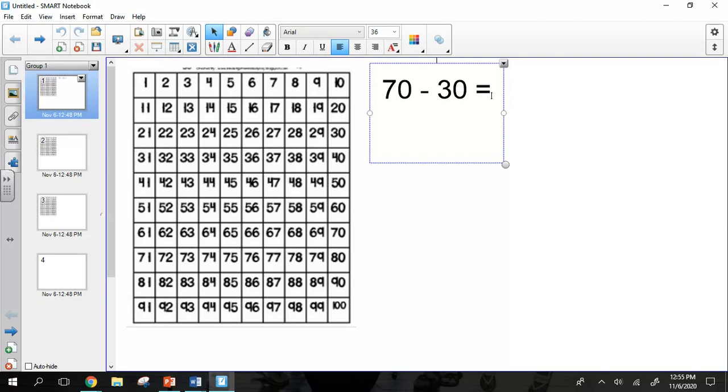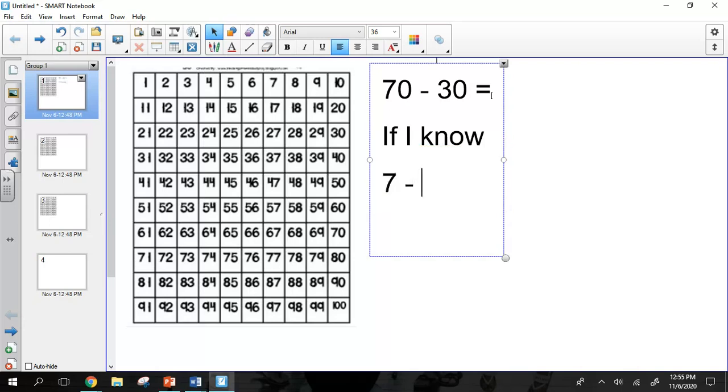So you should know a lot of our basic math facts by now. So I can say, if I know 7 minus 3, what is 7 minus 3? Well, I know 3 plus 4 is 7. So 7 minus 3 is 4. I can't just stop right there and only write that.